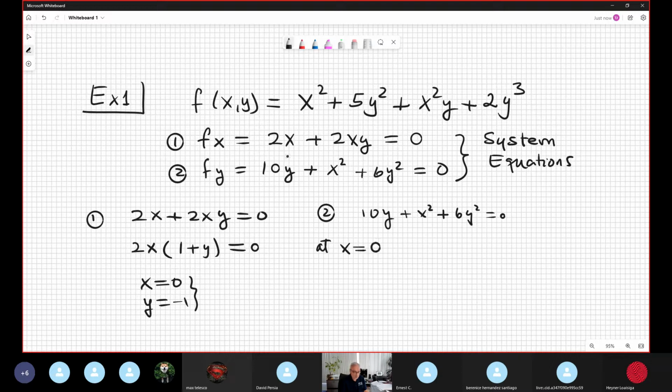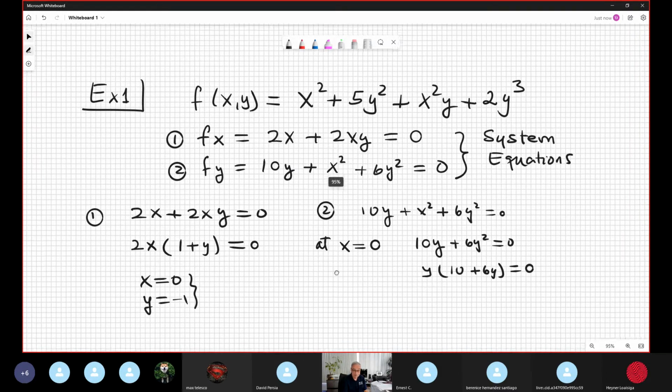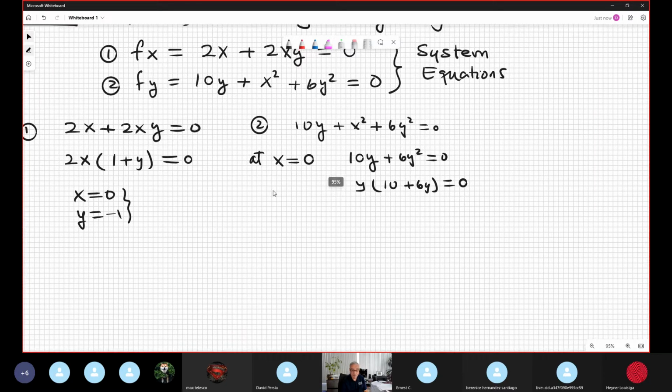My equation is now reduced to 10y plus 6y squared equals 0. Oh, it's easy. It's a quadratic equation, but an incomplete quadratic equation, so I can solve it by factorization. Factor y: y times (10 plus 6y). One more time, you apply the zero factor property. y is 0.